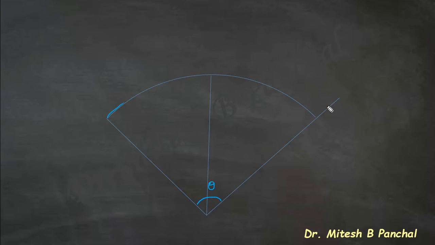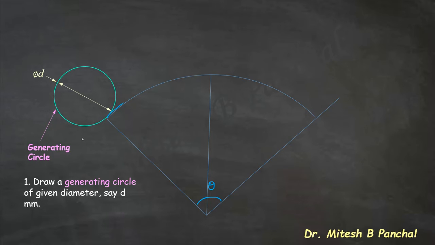This arc is the portion of the directing circle. Now we have to draw a generating circle of the given diameter small d.